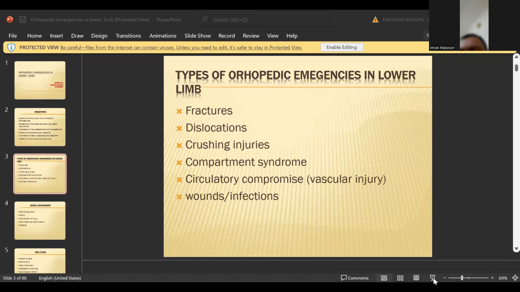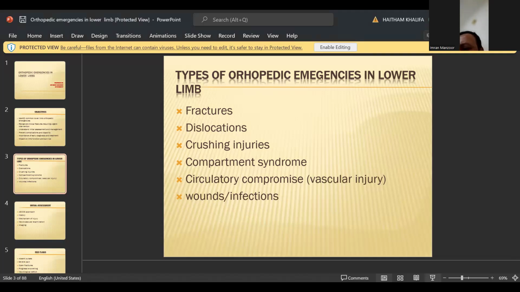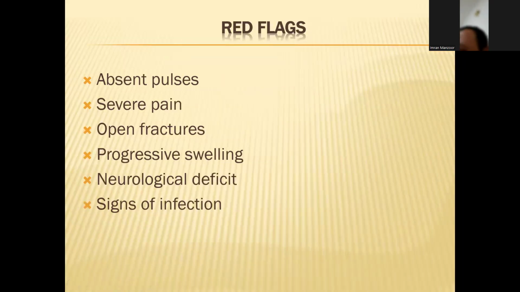These are severe pain, absent pulses, open fractures, any neurological or vascular deficit, and signs of infection. If any of these signs are present, we should immediately involve the orthopedic specialist on call, or our team leaders.